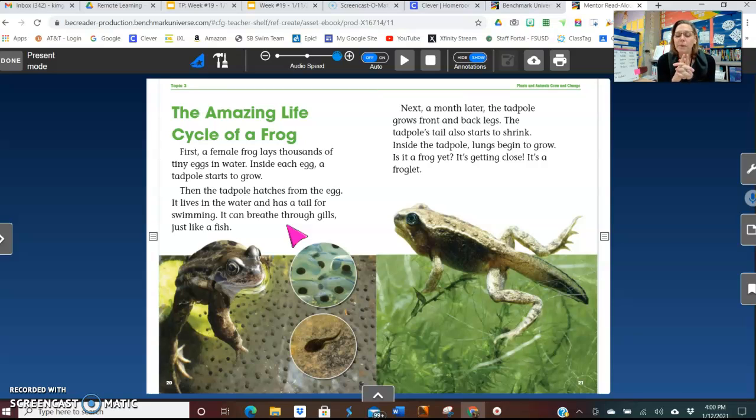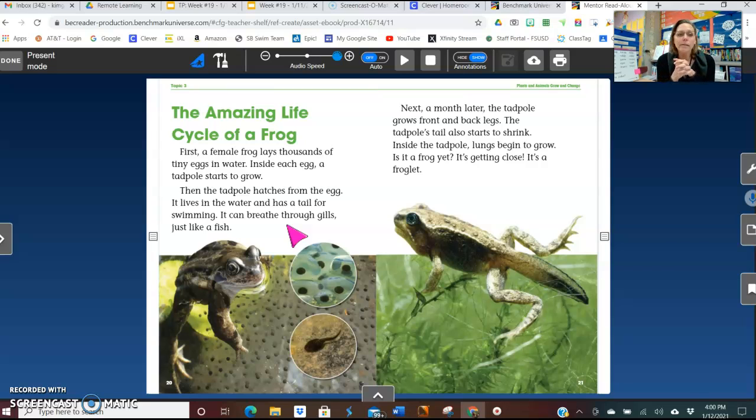Try to pick up on those major points. And I want to remind you to look for signal words, because many times in a nonfiction book especially, an author is going to use those signal or transition words to help you know that we're moving into the next part of something, okay?